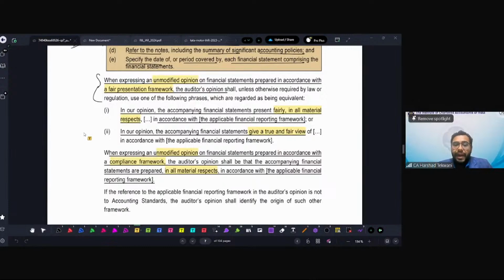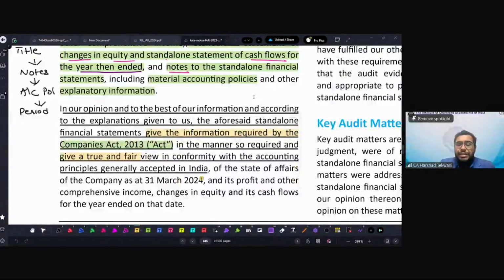You need to specify the accounting standards or financial reporting framework or such other framework that is there. So for example, in our audit report, we are mentioning the accounting principles generally accepted in India. This is something that has been followed or reviewed, on the basis of which we are giving a true and fair view. So fair presentation framework, this is the framework we are talking about.